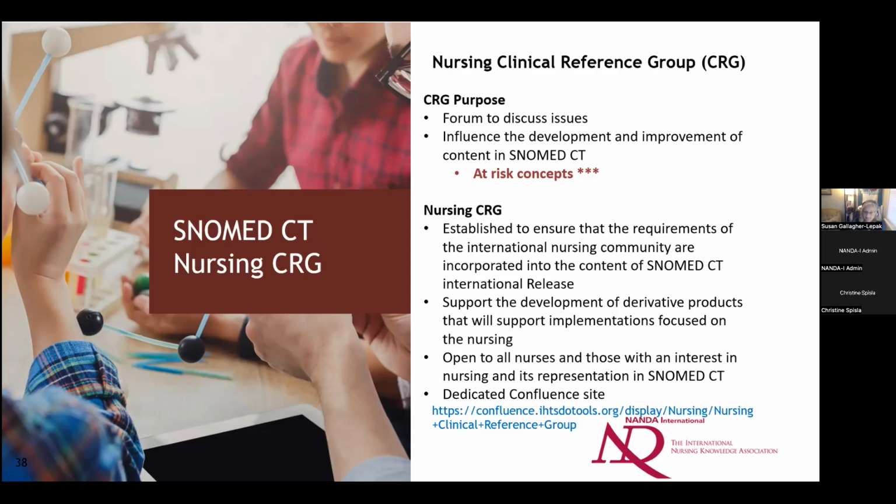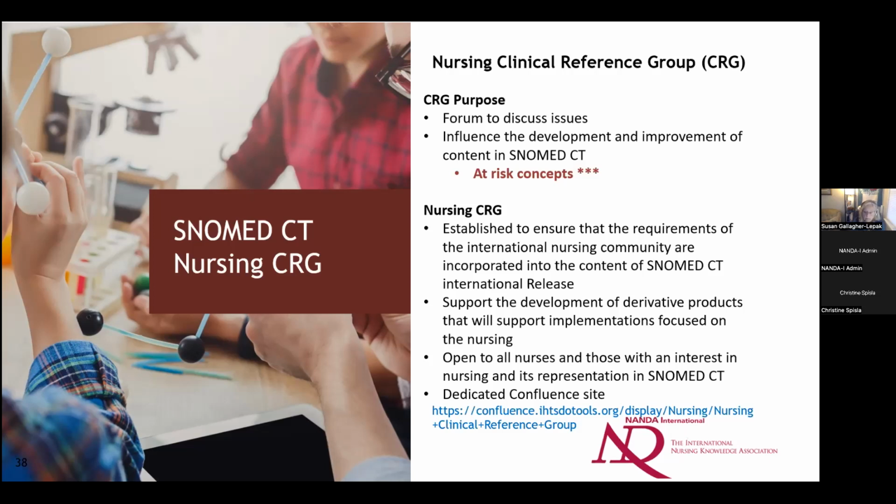So when I found out that these at-risk terms that are so valuable to nursing, because that's what we do for our patients, we identify risk, we do risk management to mitigate those conditions from occurring, we fought against it. SNOMED just had their business meeting in Lisbon, Portugal 2-3 weeks ago, and I'm happy to report the nurses were heard.